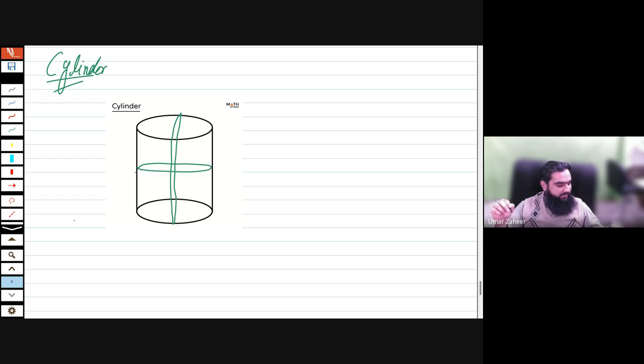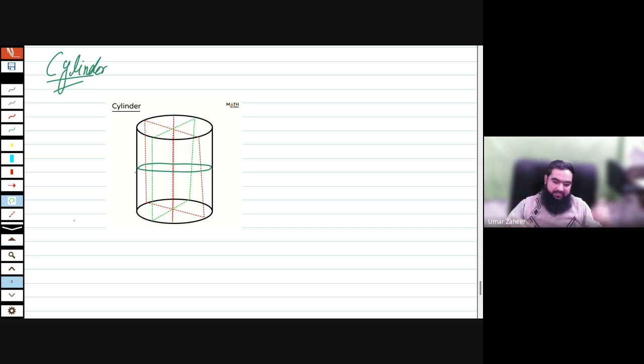so in the same way, you are able to make infinite planes of symmetry as well, like this. You have to make as much as you can, right?